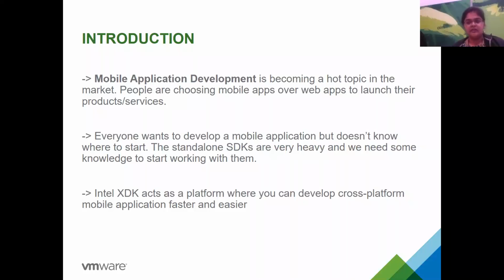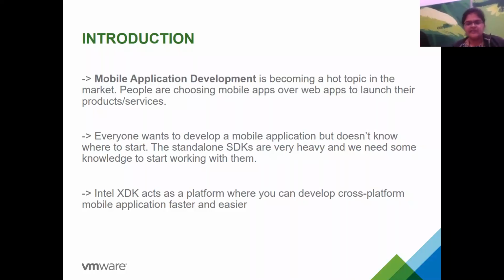We know that we already have various options for this in the market. For example, one of the most famous ones, the Android SDK, is used widely for mobile application development. But one of the flaws of the Android SDK is that it is very heavy, and you need to know a little bit of Java to be able to code well in it.